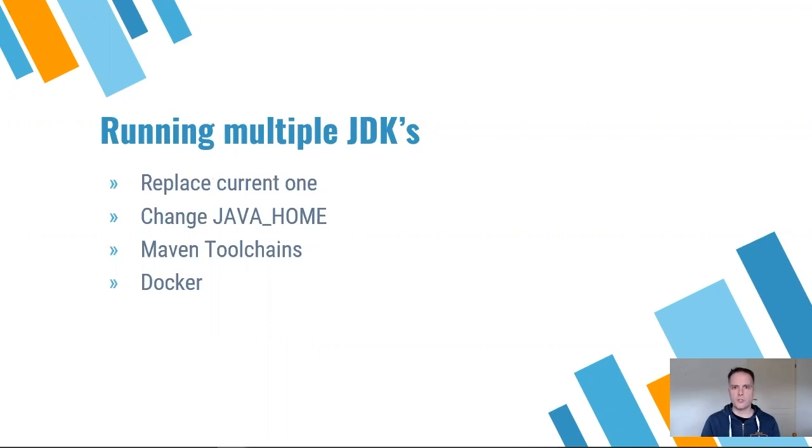Last option I mentioned here is using Docker, which is a bit more work. You have to set it up, of course, and you have to add your application to a Docker image and then run it. So the feedback loop is a bit longer.